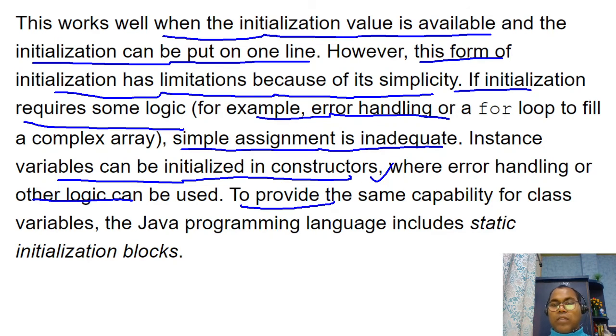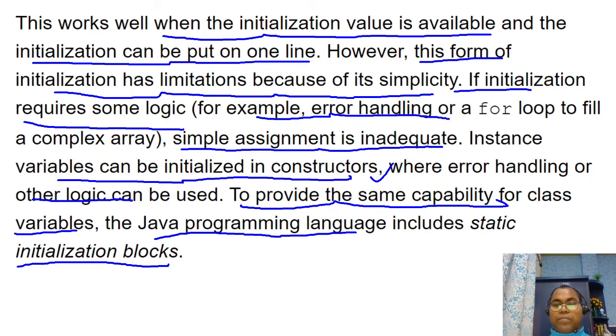But to provide the same capability for a class variable like a static variable, where for an instance variable the constructor is the place to initialize the value, in the case of a static data member Java provides a static initialization block.